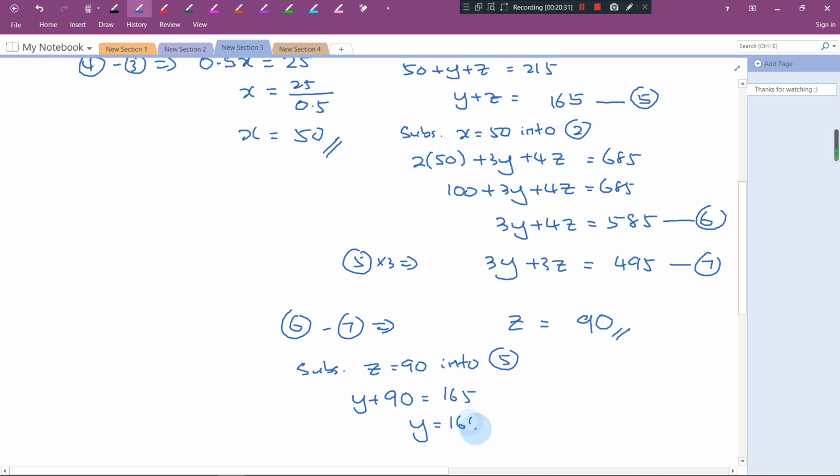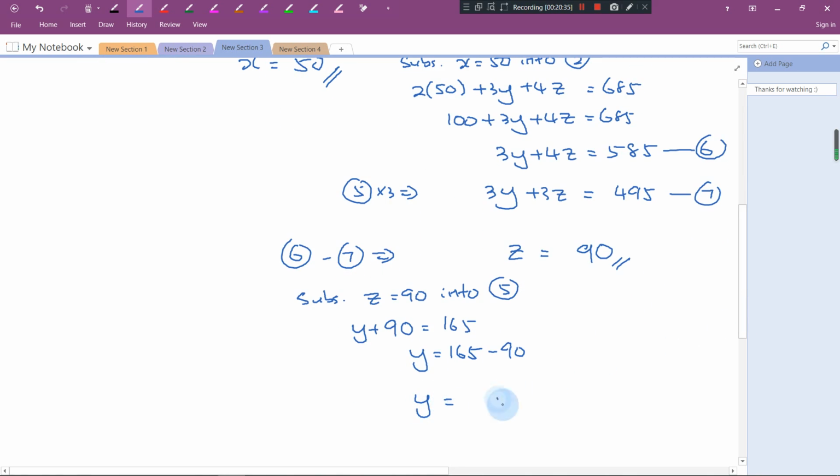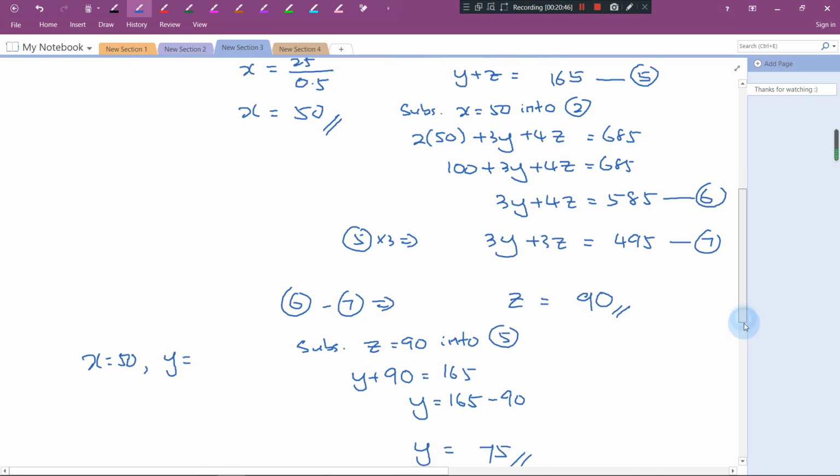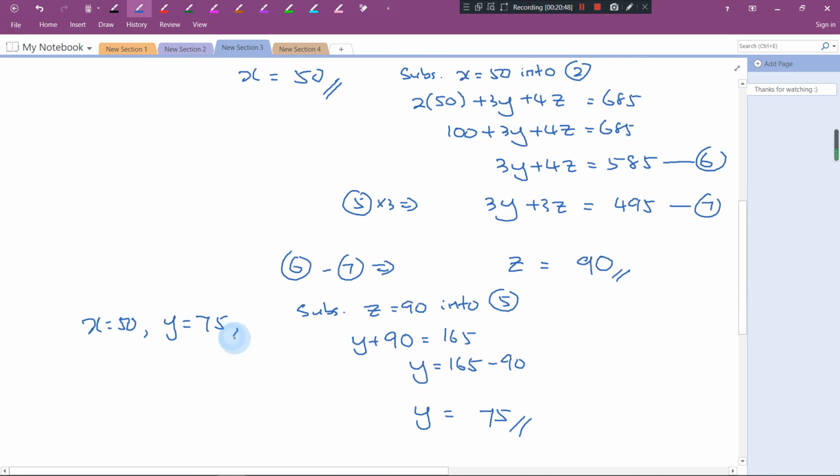Y is equal to 165 minus 90. Y is equal to 75. So x is equal to 50, y is equal to 75, and z is equal to 90.